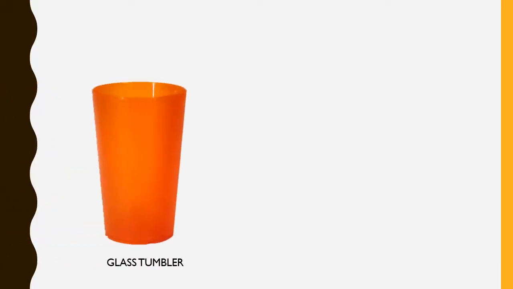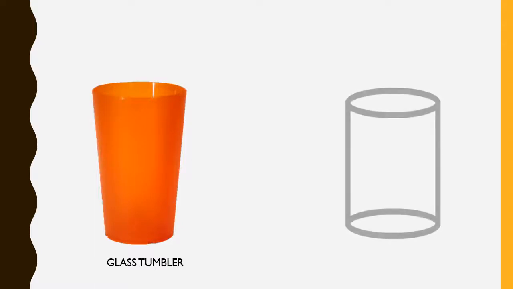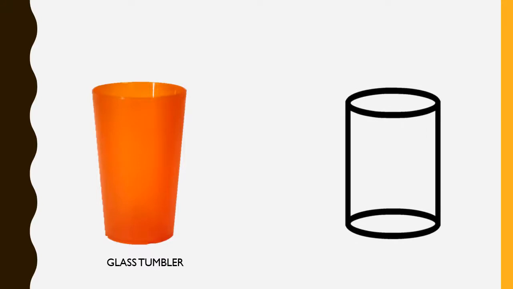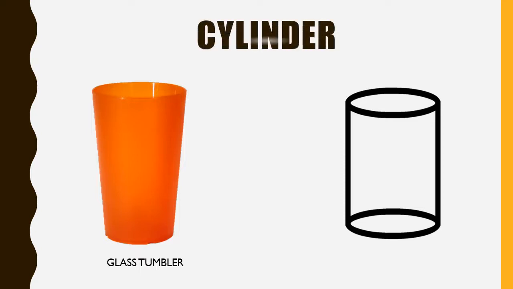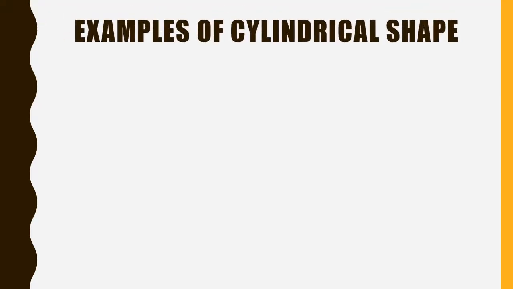Children, when you drink water from a glass tumbler, have you ever noticed the shape of the tumbler? It's shaped like this, right? But what do we call this shape? This shape is called a cylinder. Now, where do you see cylindrical shaped objects in your daily life?